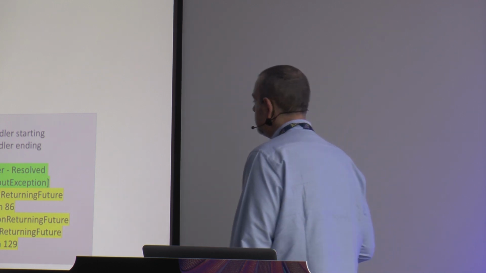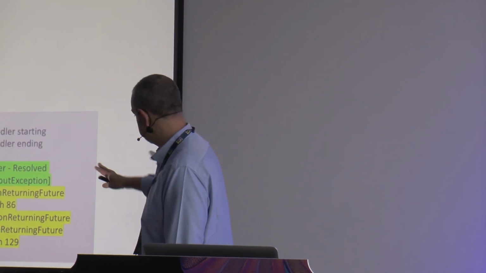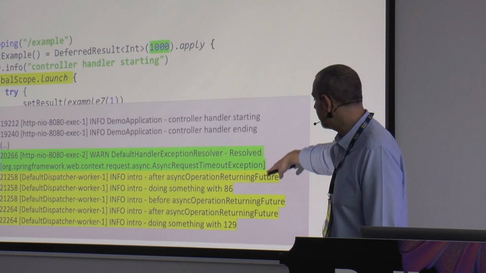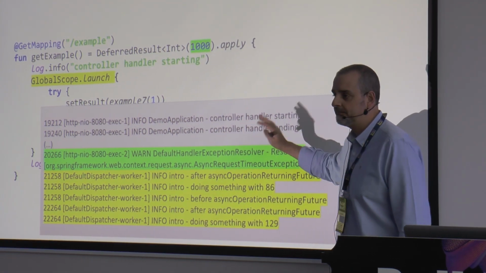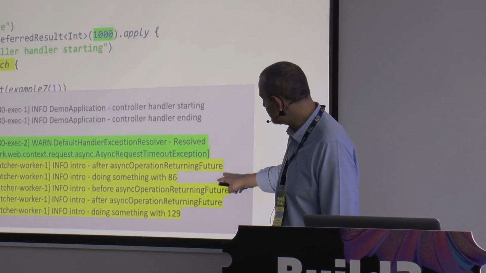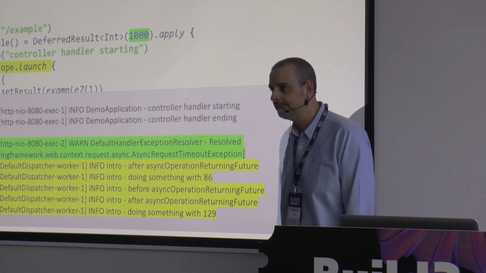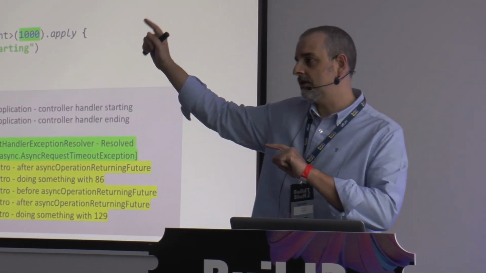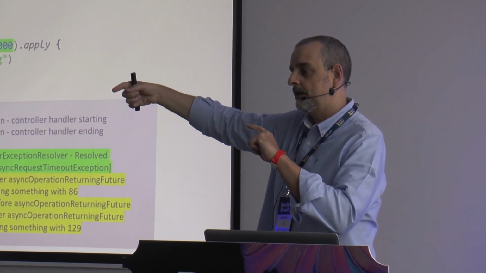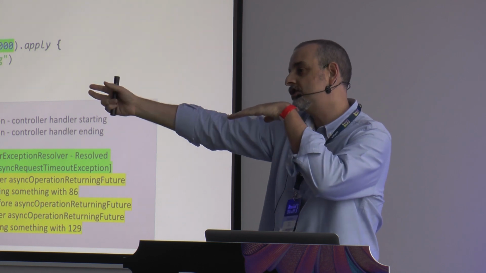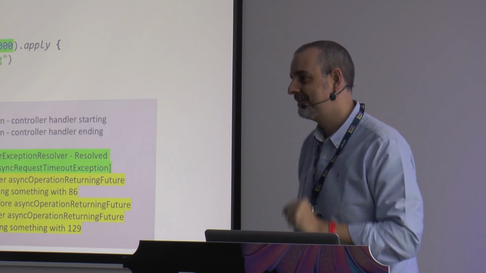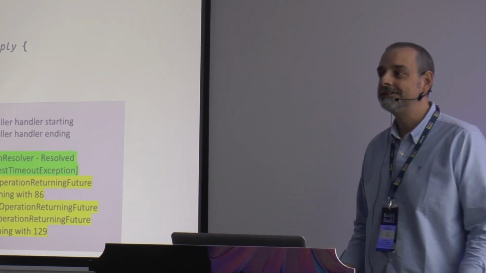If I look into the logs, I will see that roughly around 1 second, the Spring framework tells me there was a request timeout and that it is sending a 503. But a couple of seconds after, I still see the coroutine doing things. Because I launched a coroutine, the coroutine starts doing things in that thread. The request that launched the coroutine ends, but the coroutine still works, which is something that I don't want.